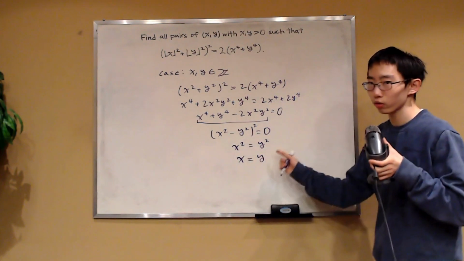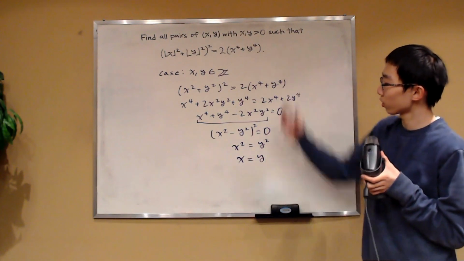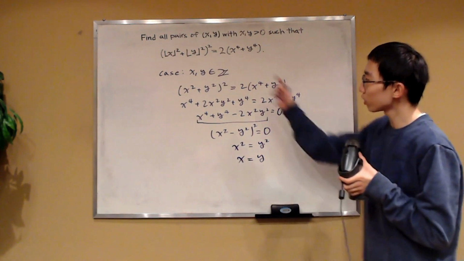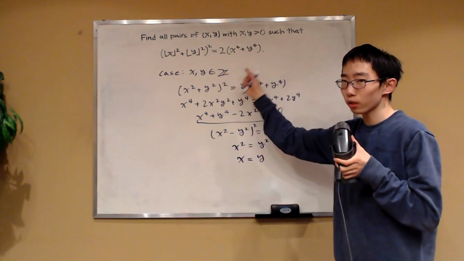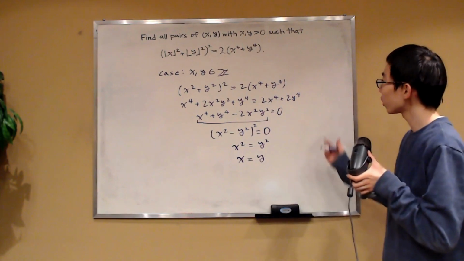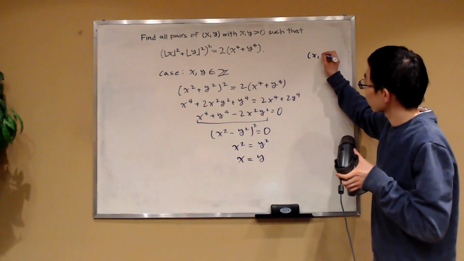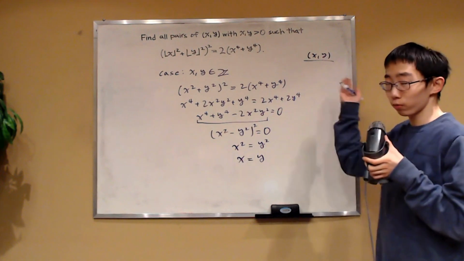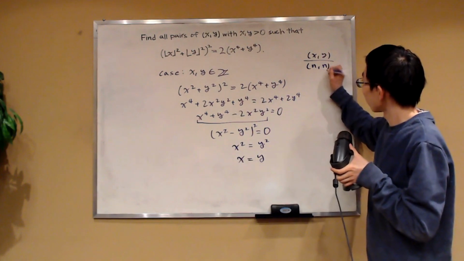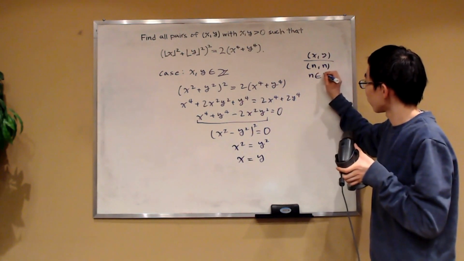We can take the square root like this because they're both positive. So under this case, when x and y are both integers, we have already deduced a solution. The solutions in the pairs x, y, one solution would be (n, n) for any positive integer n.